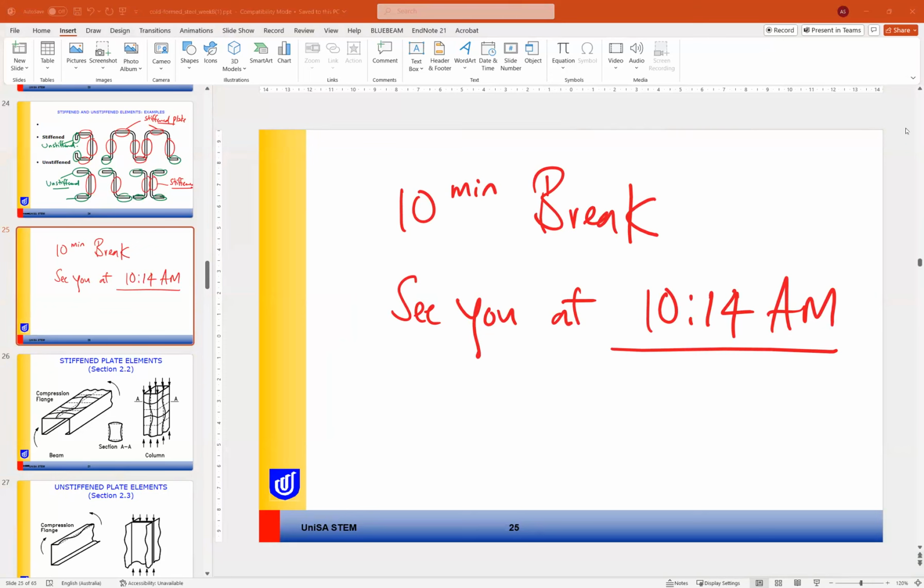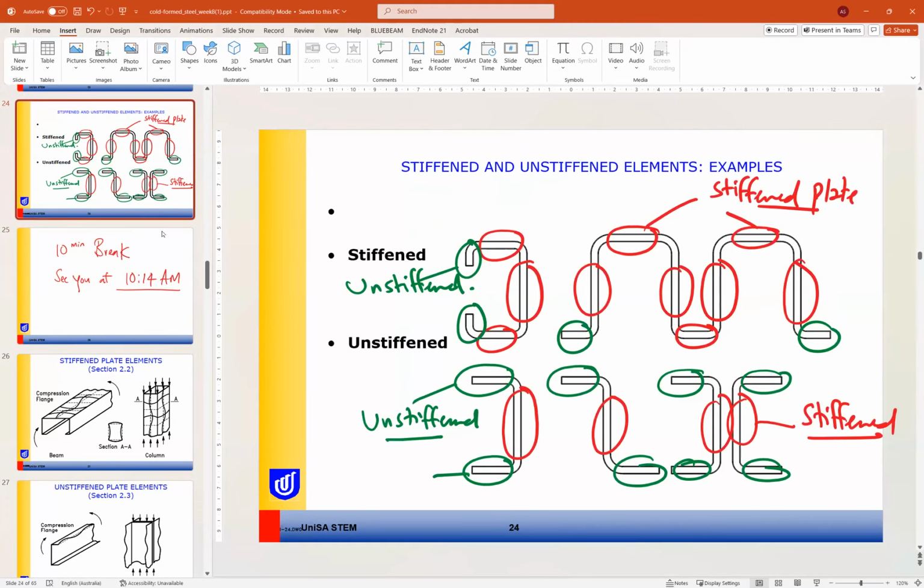Okay, guys, can we continue now? So we have talked about the difference between stiffened and unstiffened plates, and we have the in-between case, which is partially stiffened, if the lip or the support is not enough to stiffen the plate.